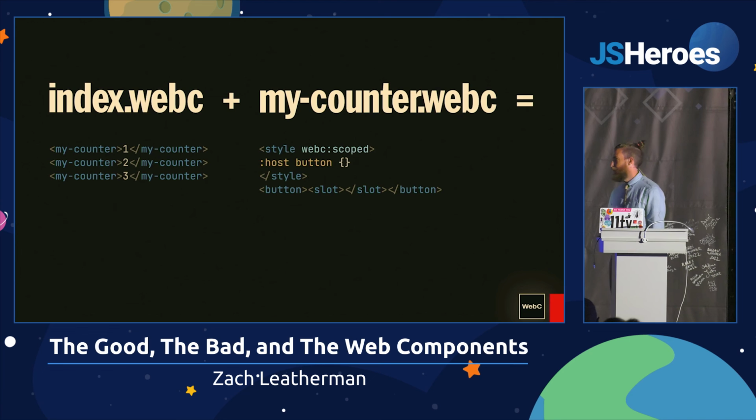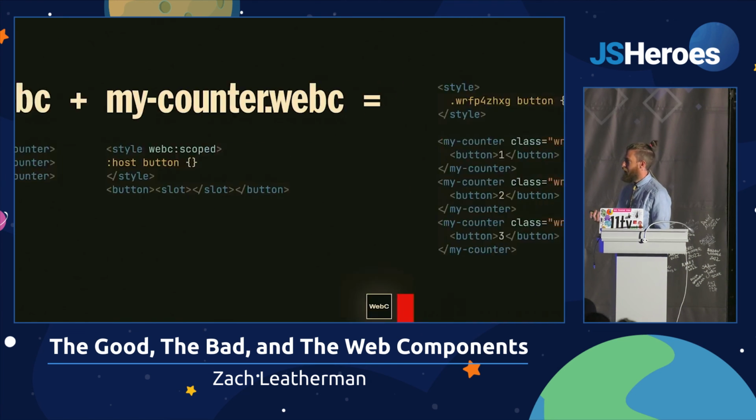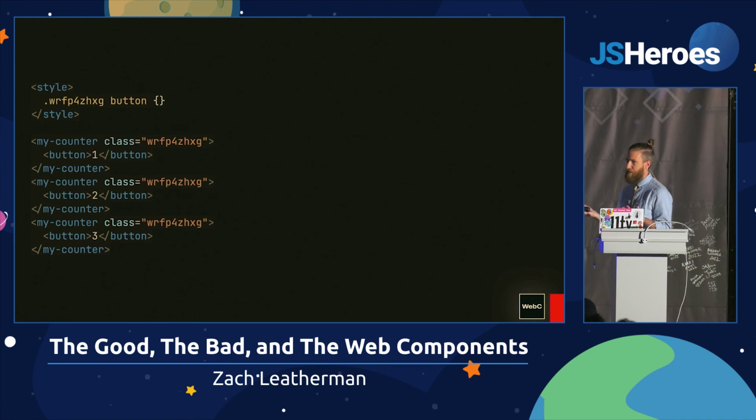And here's perhaps a simpler example of WebC using more of a Svelte style syntax. So yeah, you can have a style element inside of your component definition. You add a WebC scoped attribute to it, and we'll generate CSS for you that really sort of looks like normal HTML rather than Shadow DOM.